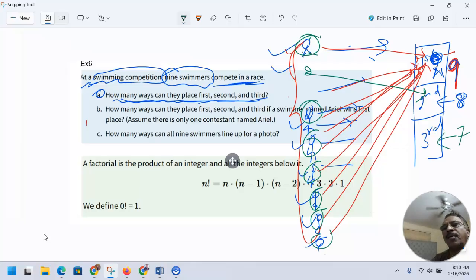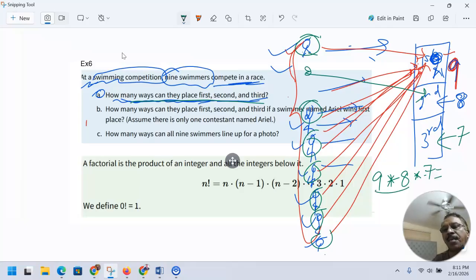Eventually, how many ways can first, second, and third place happen? By the fundamental counting principle, all you do is multiply 9 times 8 times 7, and you end up getting 504. You can check.